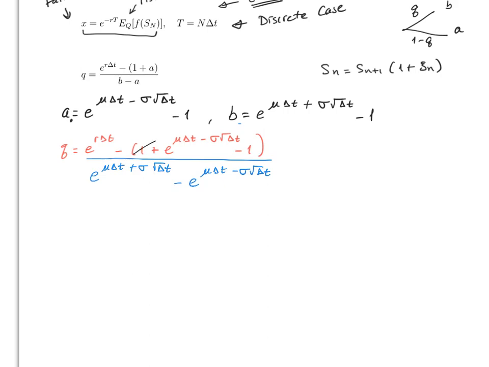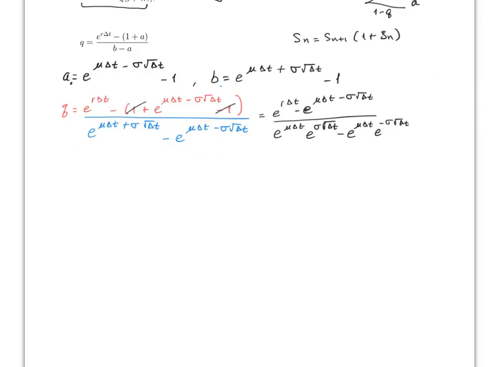Here these will cancel. So on the top you will have e to the r delta t minus e to the mu delta t minus sigma square root of delta t. Then on the bottom you have e to the mu delta t times e to the sigma square root of delta t and then e to the minus sigma square root of delta t.